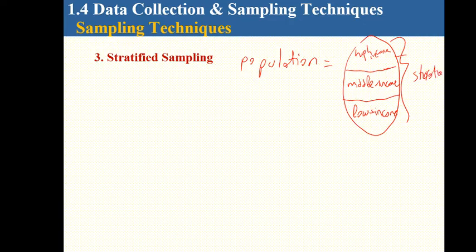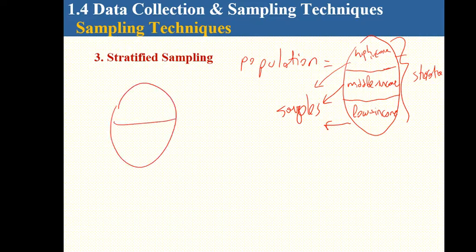And then if it is stratified, you have the strata of the population, and you take your samples from each. And this might be economic level. The strata can be different characteristics, like men and women.